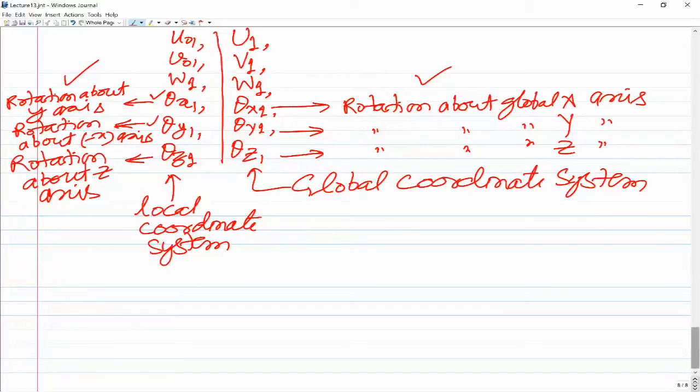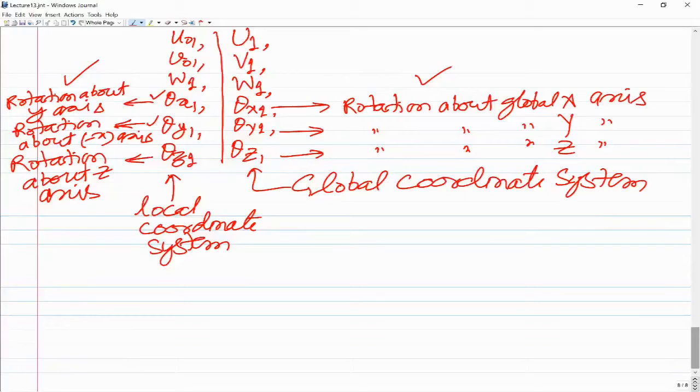No, I didn't say that earlier. Also, I have said theta x is the rotation about positive y axis, and theta y is the rotation about negative x axis. I have very explicitly told that. Oh, then I read it wrong.